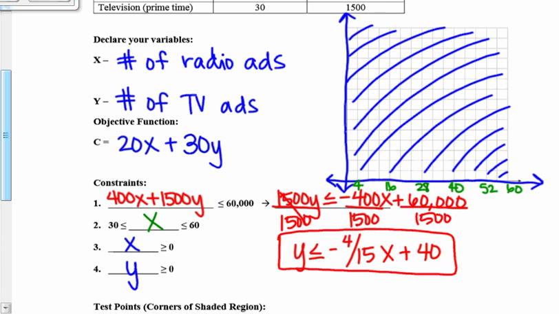I didn't write out every single one just because my marker's too big. This would be 4. This would be 16, 20, 24, 28 would be here, 32, 36, 40, 44, 48, 52, 56, 60.